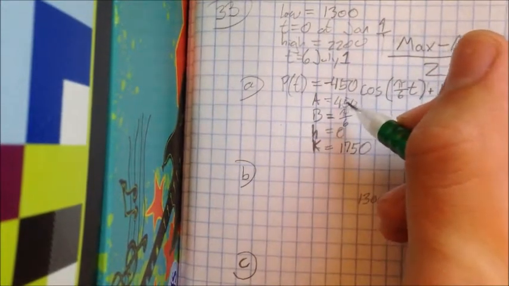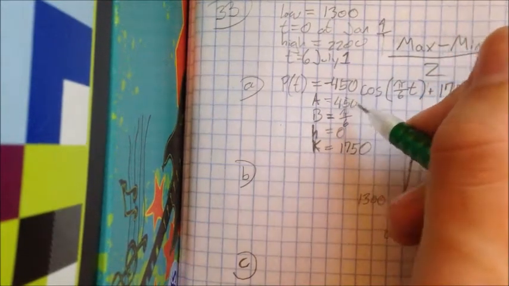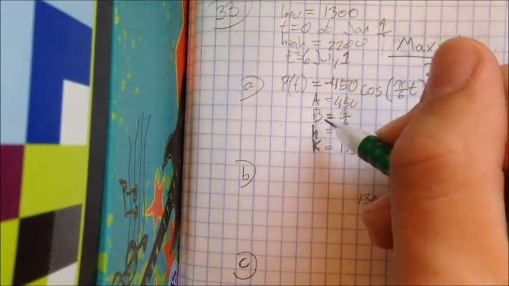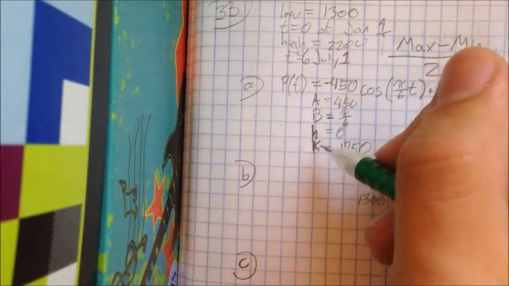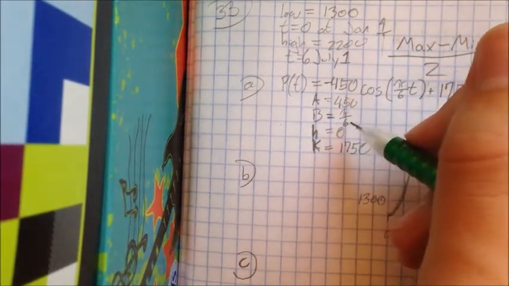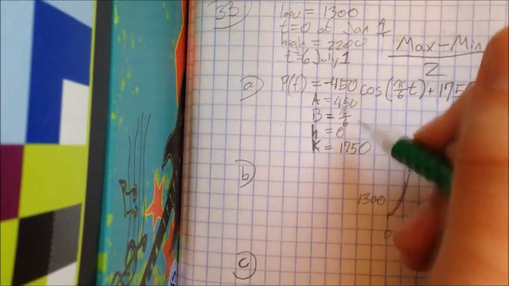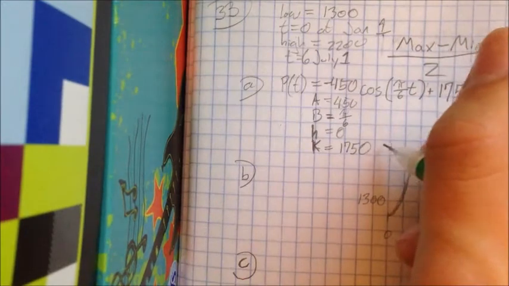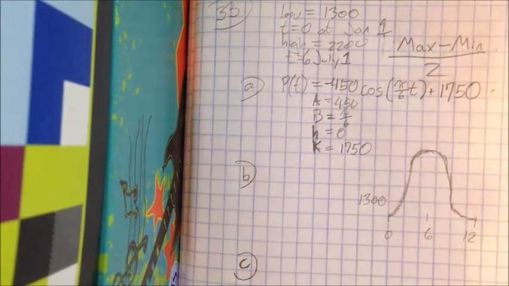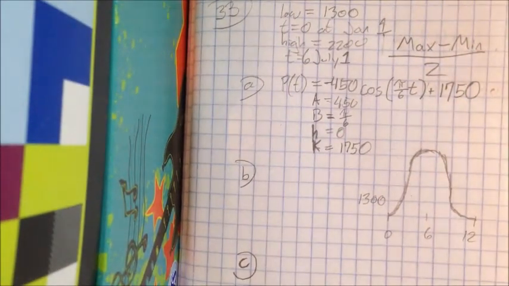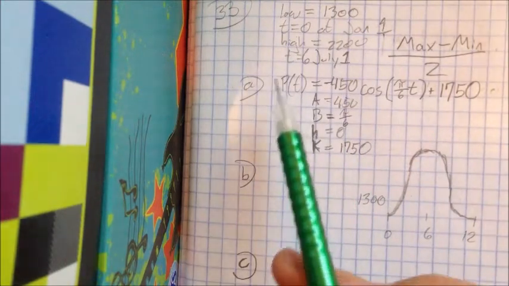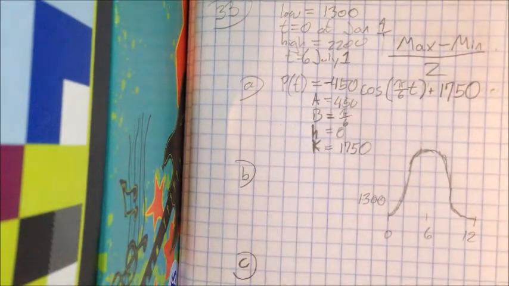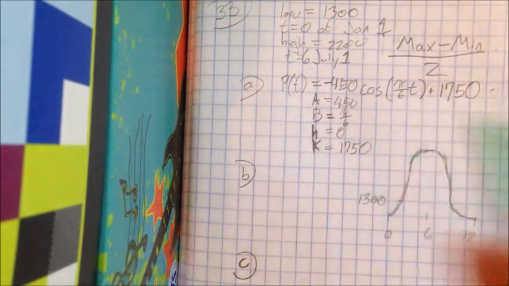The amplitude is 450. The period is going to be 12 months. The midline will be found at y equals 1750. That's all information we can just get from looking at everything we just put in, because that's the information we needed anyway.